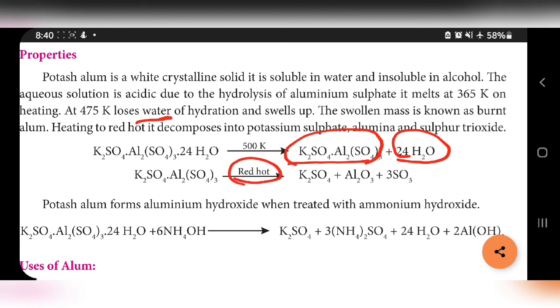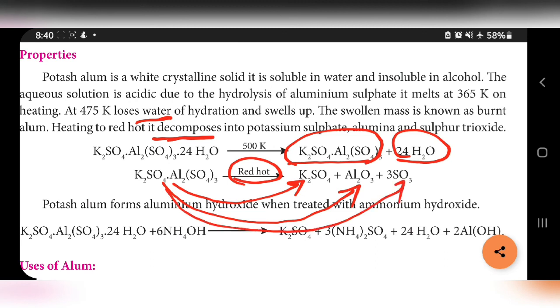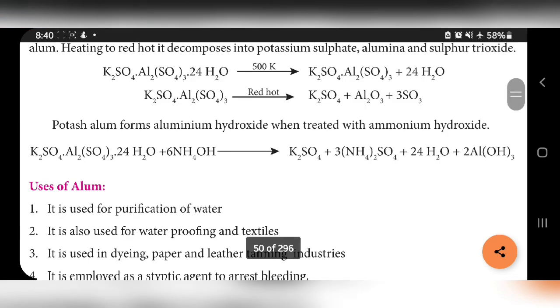Heating to red hot temperature it decomposes, meaning splitting. It is split into potassium sulfate, aluminum oxide and sulfur trioxide. It is decomposed into potassium sulfate, alumina, that is aluminum oxide, and sulfur trioxide.